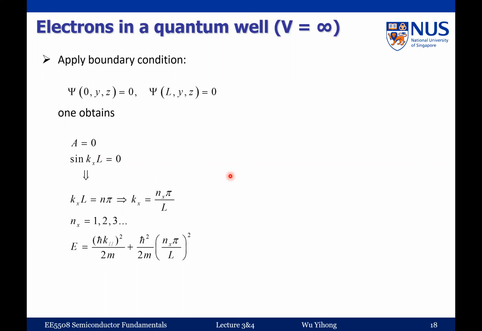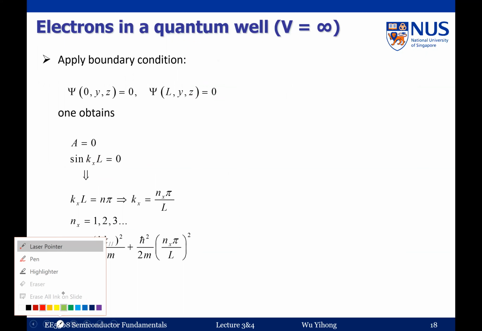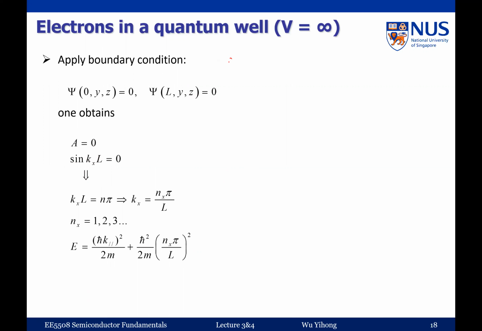Remember phi is A cosine kx x plus B sine kx x, right?